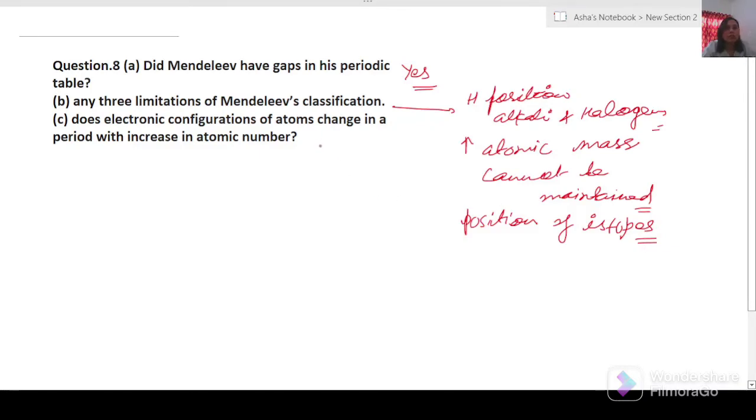Does the electronic configuration of an atom change in a period with increase in atomic number? So see, the number of shells remains the same, right?